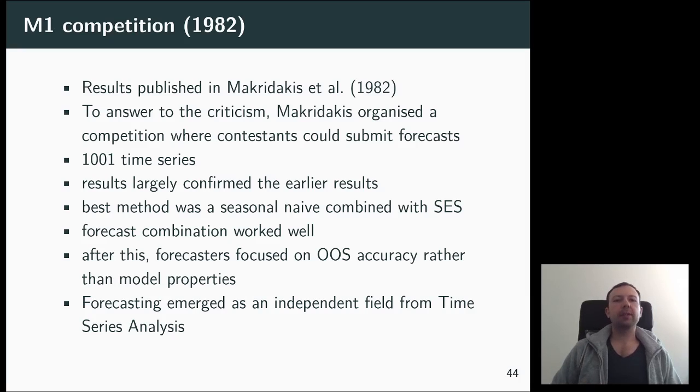Good, so then basically Makridakis said, well, if you tell me I can't really use these methods properly, I'm going to organize a competition. And then everybody can just use their favorite method and submit forecasts. So the M1 competition was born, and the results were published in 1982.